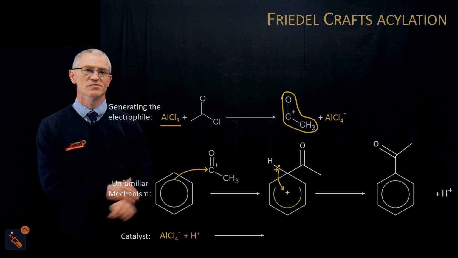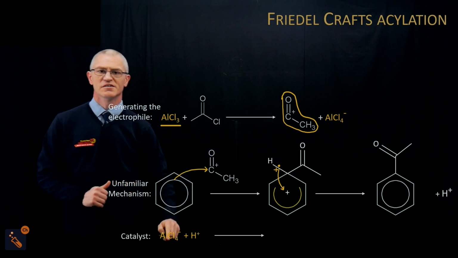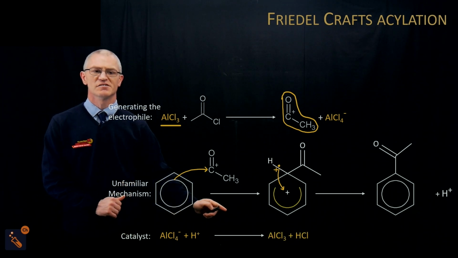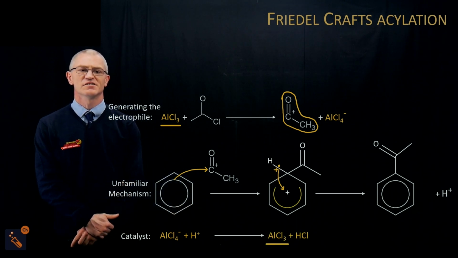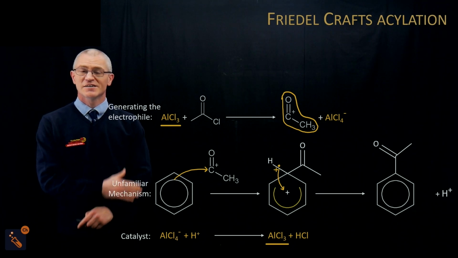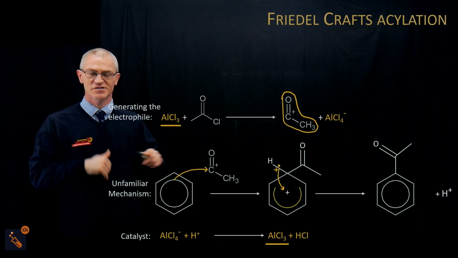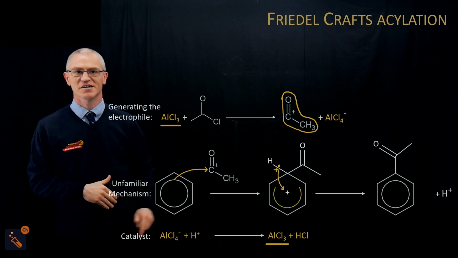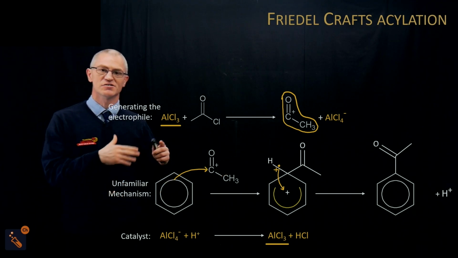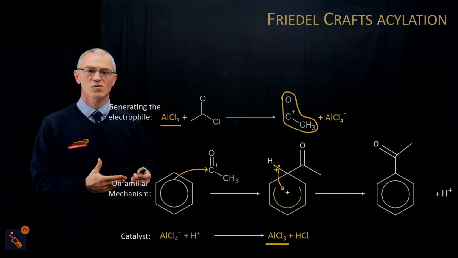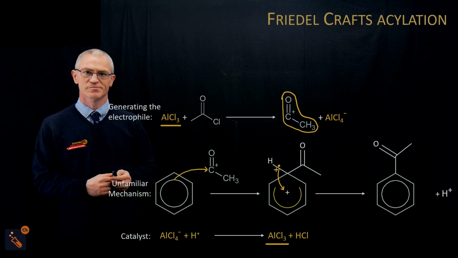Our AlCl4-, which is produced up here, is reacted with the H+ that's produced in the mechanism and creates our catalyst again. So I'm hoping that you can see that throughout all of these there are similarities. The mechanism is exactly the same, whether it's acylation, alkylation, nitration, chlorination, or bromination.